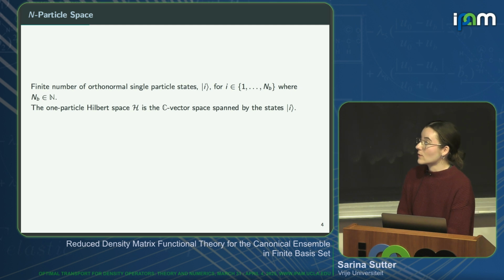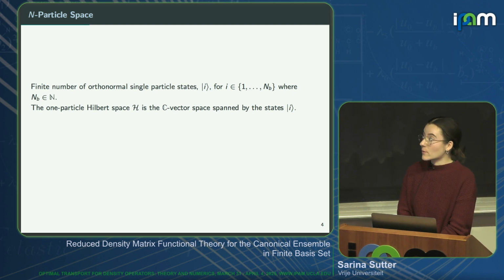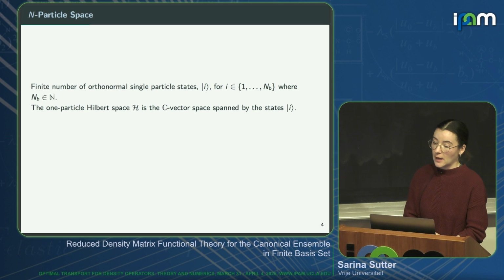So now I want to present the setting. We assume that we have a finite number of orthonormal single particle states, which we label by the index i, and N_B is the number of basis functions.